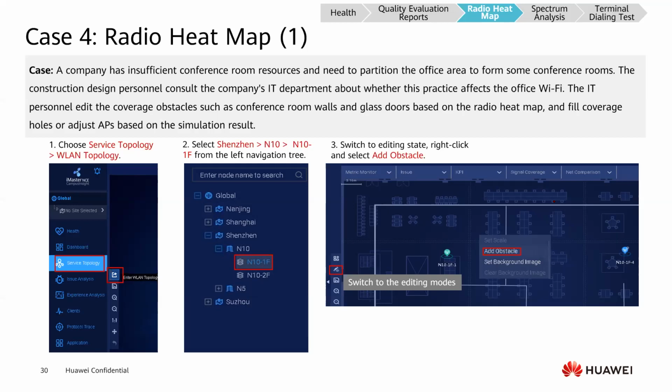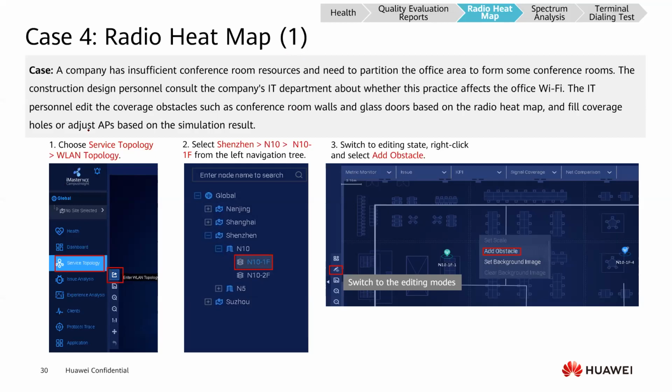The IT personnel edit the coverage obstacles such as conference room walls, glasses, and doors based on the radio heat map, and fill coverage holes, or adjust APs based on the simulation result. So this is just like a simulator for the deployment of some new APs or some new obstacles.